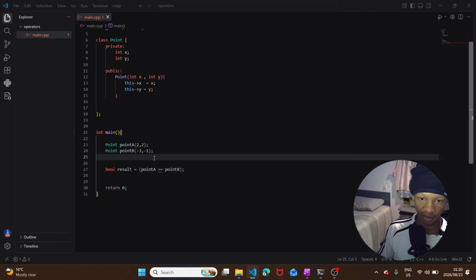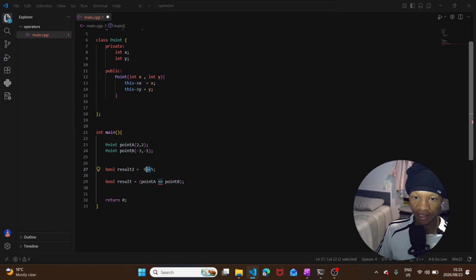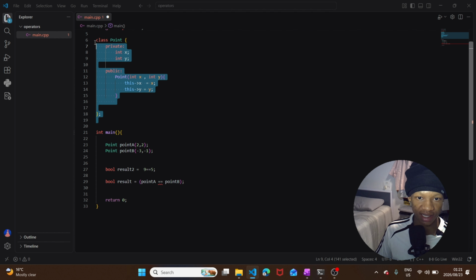For example, if I went ahead and said bool, what we want to do is this is an operator, and it's the same operator over here. So what we are saying is that this is the same function, and the difference is that now they're going to have different parameters. In this case it's going to have a parameter of an integer, and in this case a parameter of our class Point.